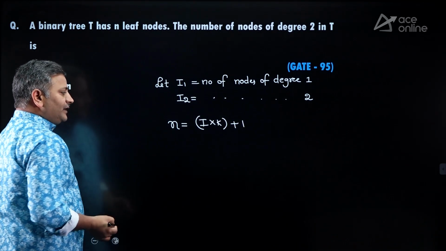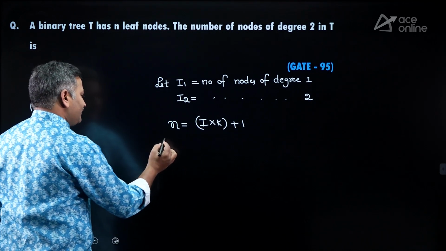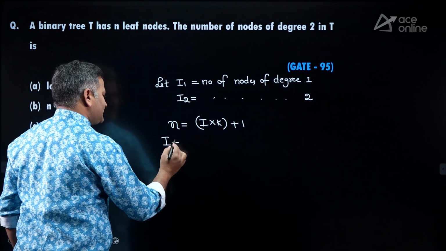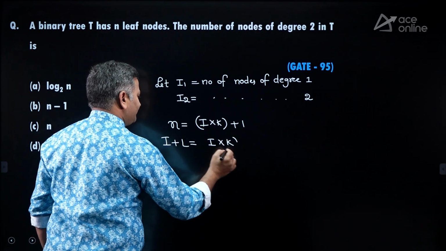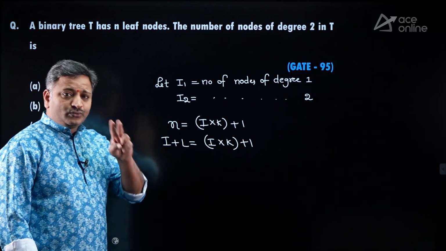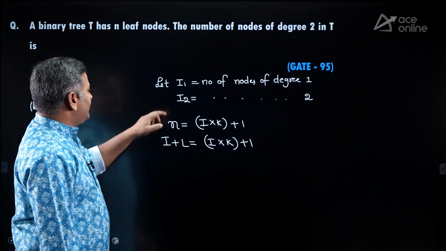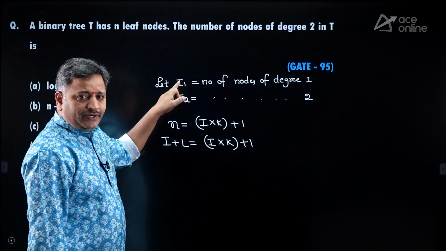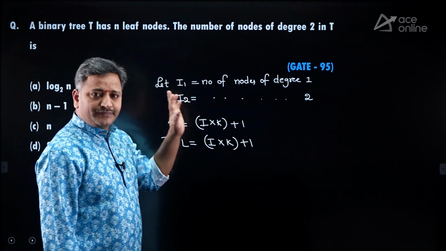But the total number of nodes is nothing but internal nodes plus leaf nodes. Therefore, the number of internal nodes plus leaf nodes equals I into K plus 1. But in a binary tree, there are two types of internal nodes: internal nodes of degree 1 and internal nodes of degree 2.